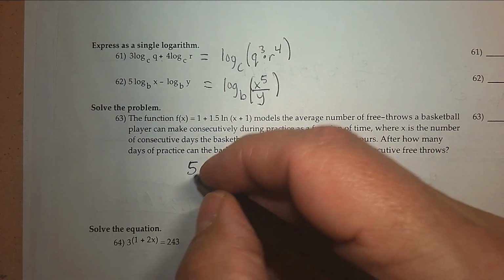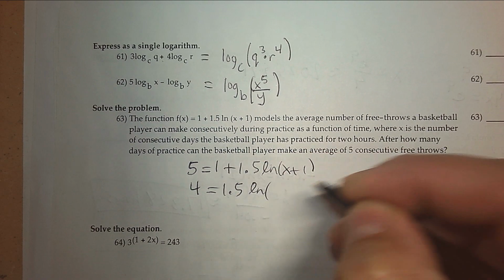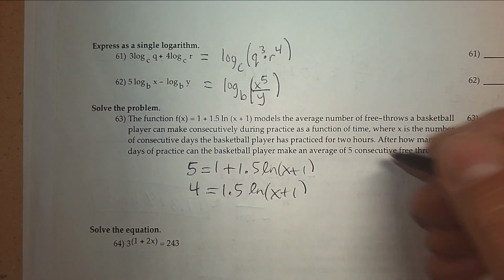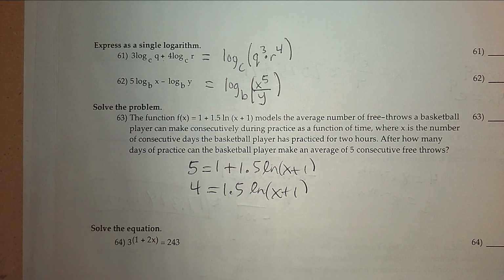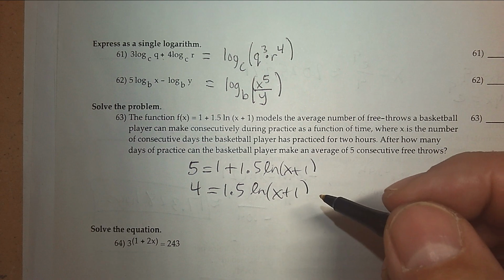So we're going to subtract 1. We're going to divide by 1.5. So it's a calculate question. 4 divided by 1.5. That's 8 over 3.